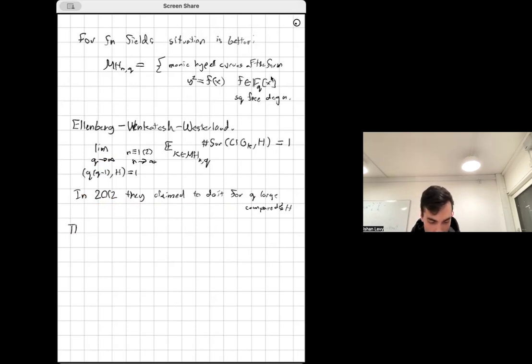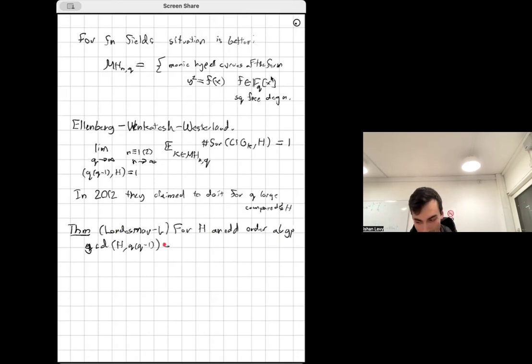And so here's a version of the result we can prove. If you take H, an odd order abelian group, and let's assume that the GCD of H with q times q minus 1 is 1, then there exists a constant depending on H such that if q is larger than the constant, then this statement is true without taking the limit as q approaches infinity.